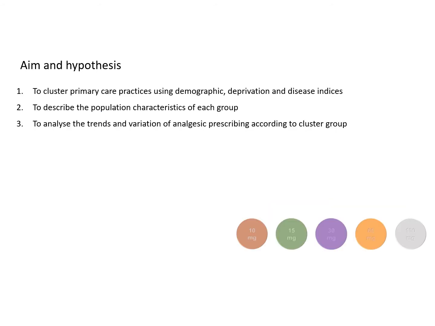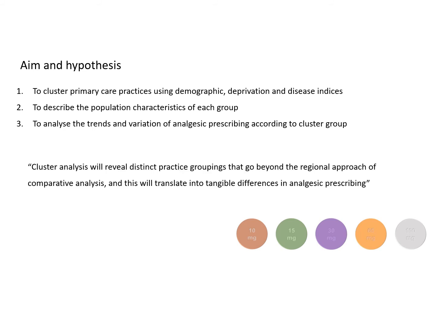Delia used unsupervised learning or cluster analysis to group primary care practices by their demographic profile, deprivation and disease profiles. And then the cluster type of practice can be used to look at analgesic prescribing by practice type.